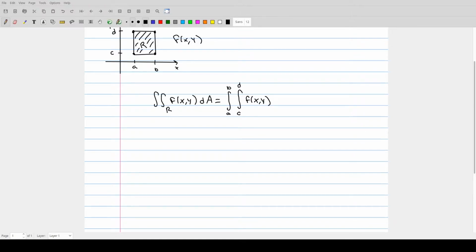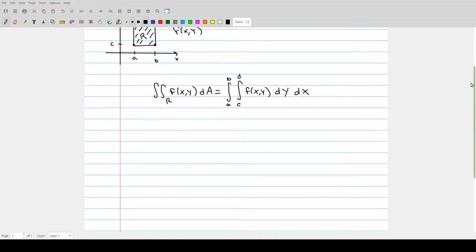Specifically, we take the function f of x y and do the y integral first, from C to D. Whatever that gives us will be a function of x, which we can then integrate with respect to x from A to B.